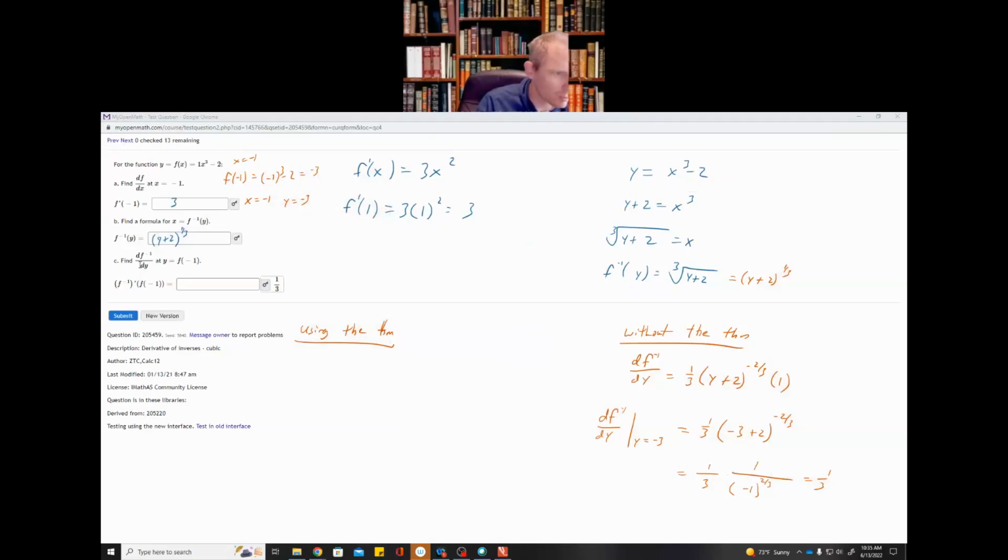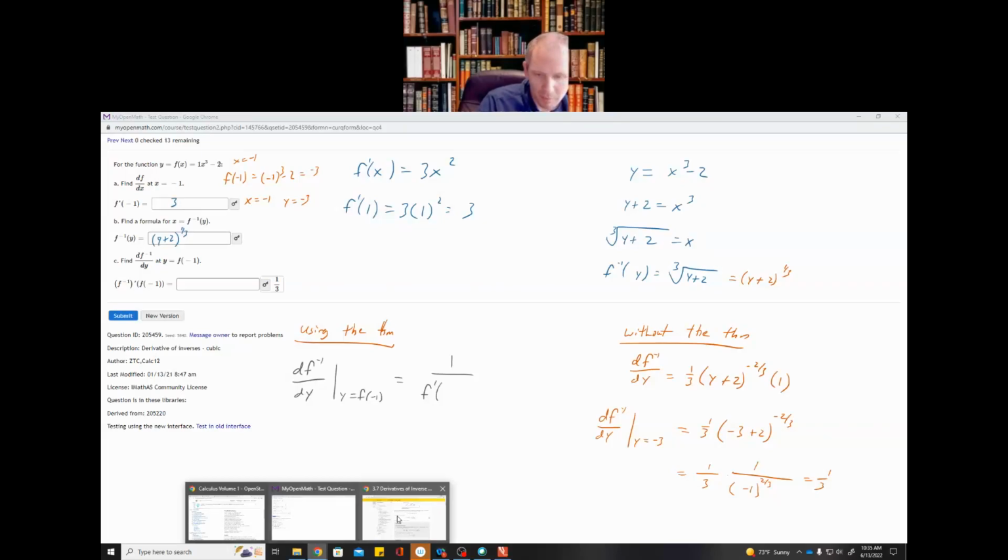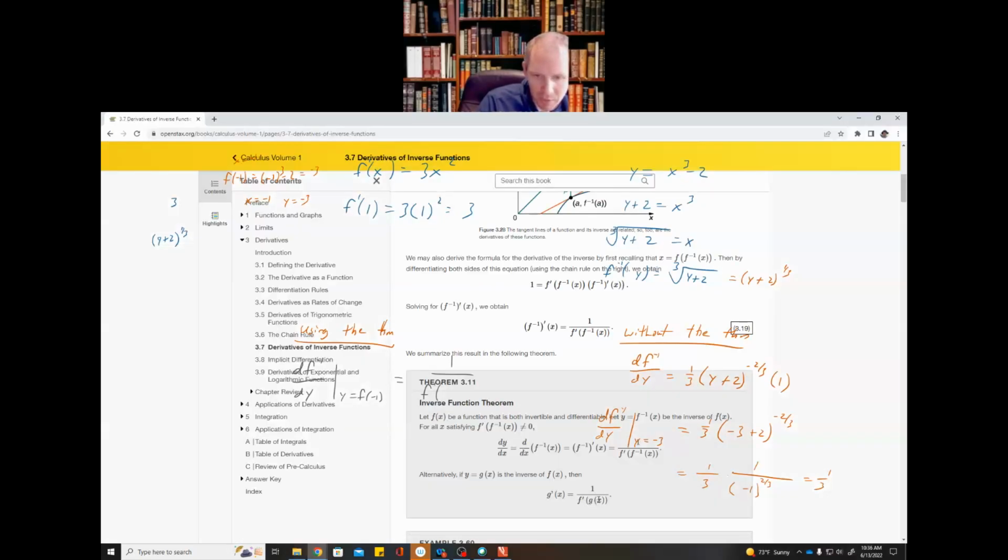Just doing this whole thing a different way, the derivative of f inverse with respect to y, when y is f of negative 1, is 1 over f prime of, I take 1 over f prime with my inverse function plugged in.